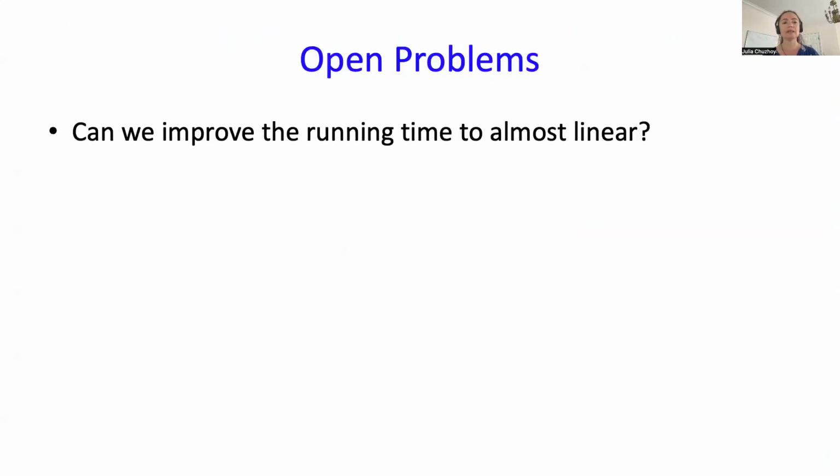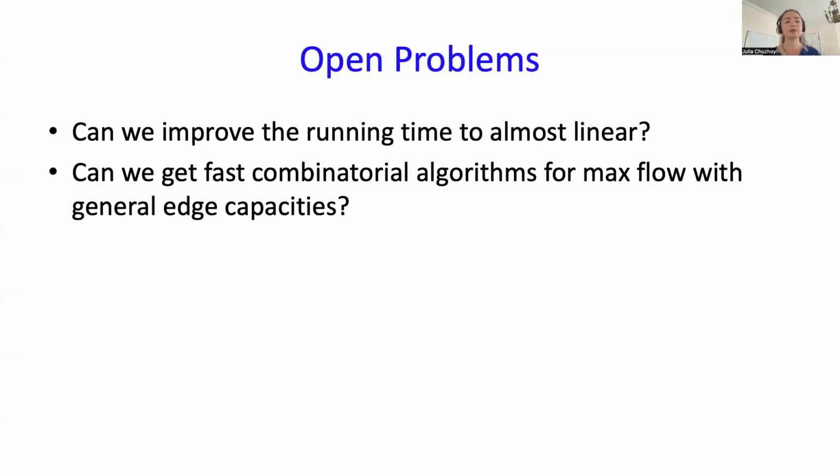And open problems: the most obvious open problem is we would like to improve the running time of our algorithm to almost linear. Second, and this is a question that I had on my list, is can we get fast combinatorial algorithms for maximum flow with general edge capacities?